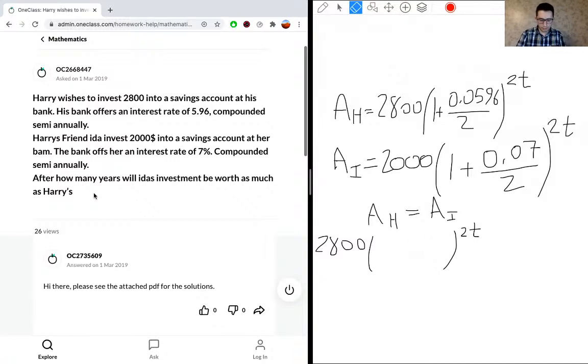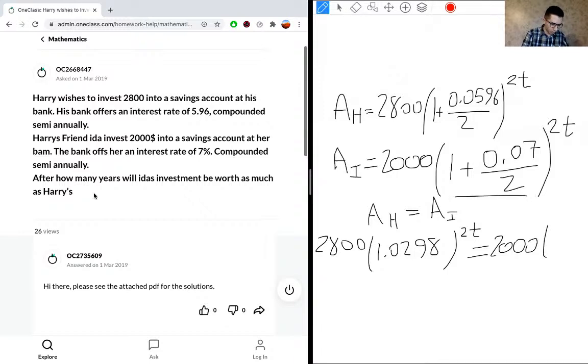So 1 plus 0.0596 divided by 2 will give us 1.0298, and we'll set that equal to 2,000. And then we can also calculate this value. So 1 plus 0.07 divided by 2 is 1.035 to the power of 2t.